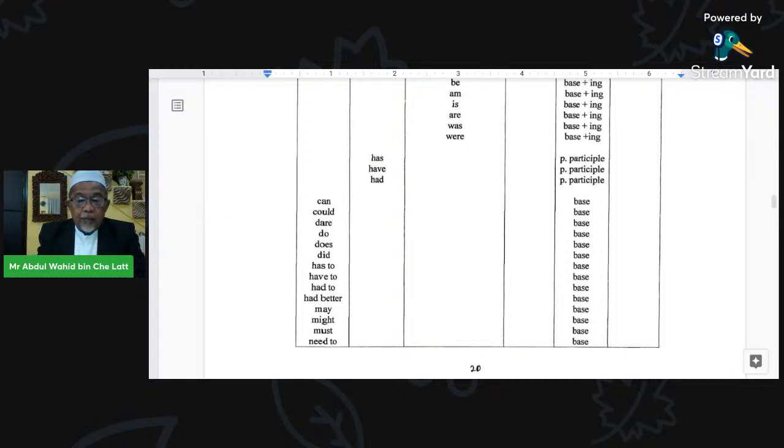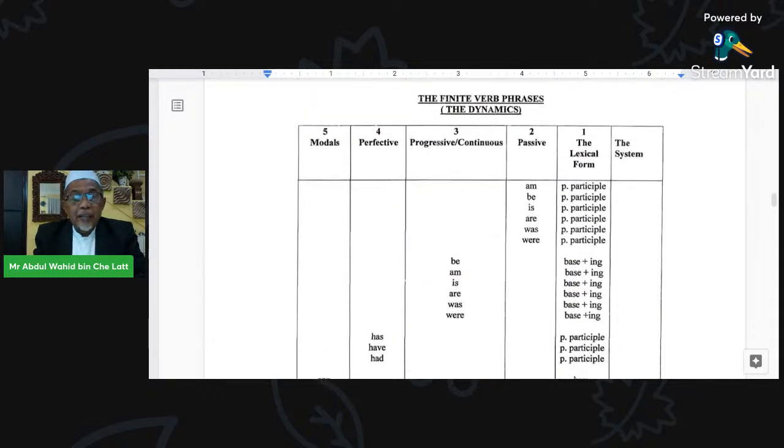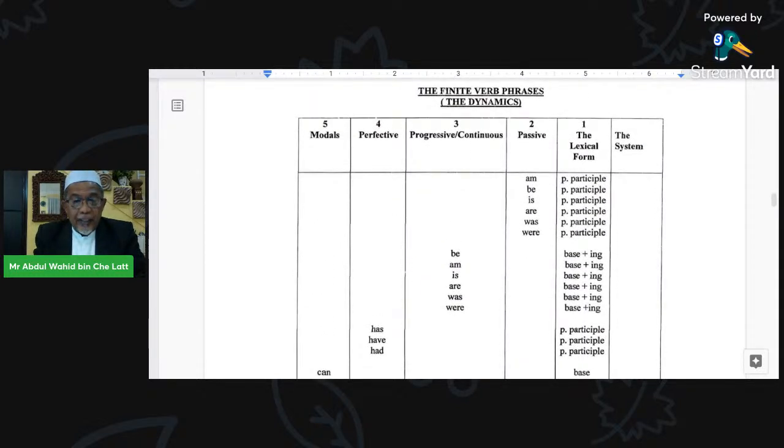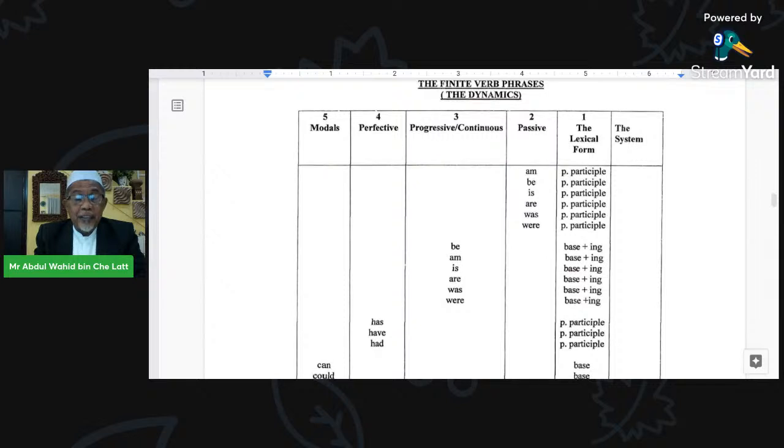You write 4 and 3 on top of the word masih, and you write 1 on top of menunggu. So masih menunggu, the system is 4, 3, 1. I repeat, we put 4 and 3 on the word masih because it consists of two concepts, perfective and continuous. So we have 4, 3, 1.